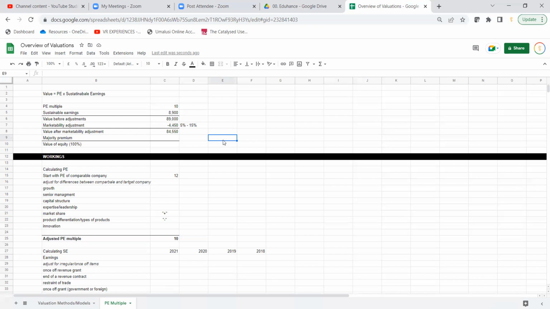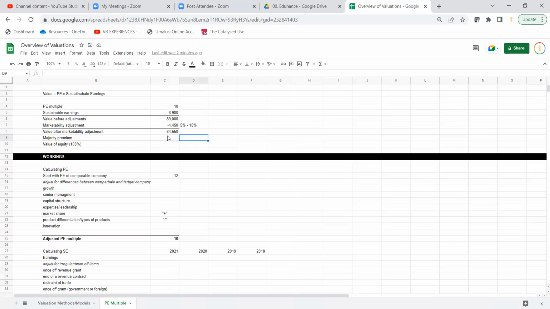I don't know in recent years if they have been consistent, but what I would do, I'd still add a majority premium, and I'll just leave a note to them, and I'll say the majority premium is added because we acquired more than 50%. You may lose the mark, you may not, I don't know. Okay, so that's the only thing I'm not certain about. But like I said, in reality, a majority premium is generally added if you acquire more than 50%.